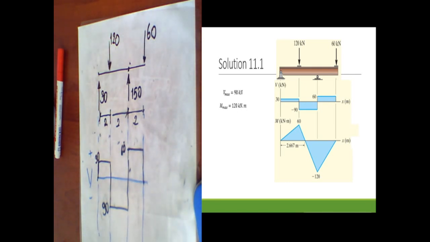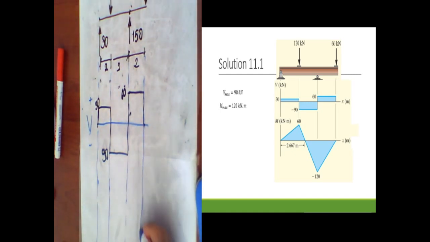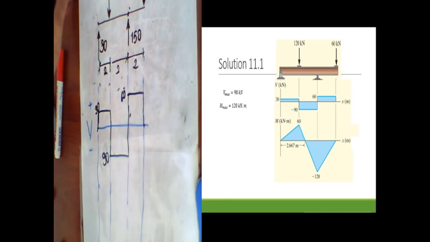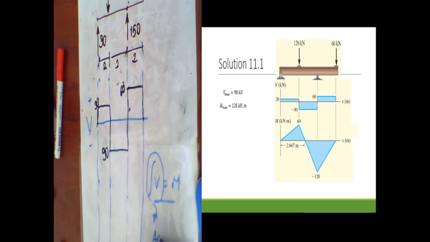So after the shear force diagram, I also want to draw the moment diagram. The moment diagram shortcut is very simple. You remember that the integral of the shear force is equal to the moment. Therefore, you remember that integration means area.